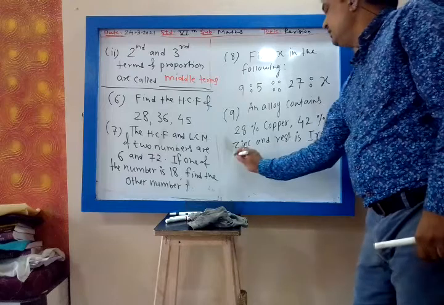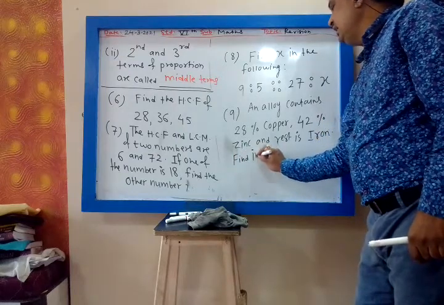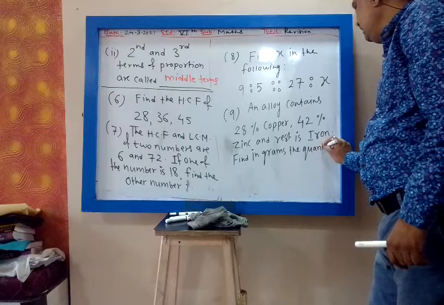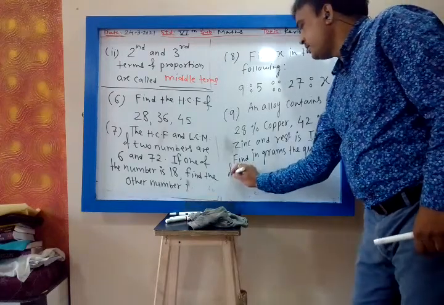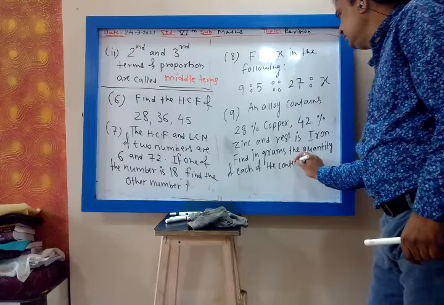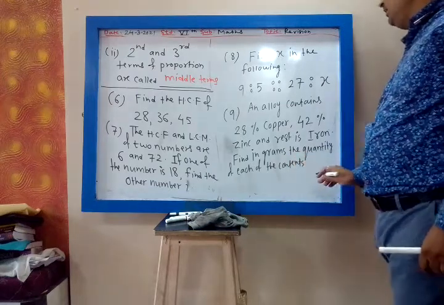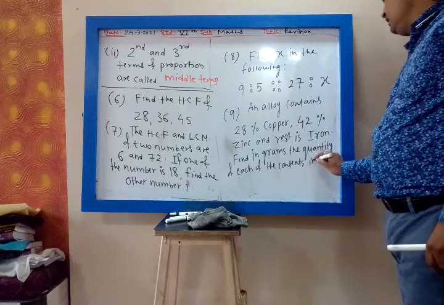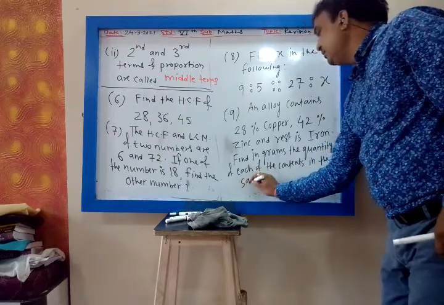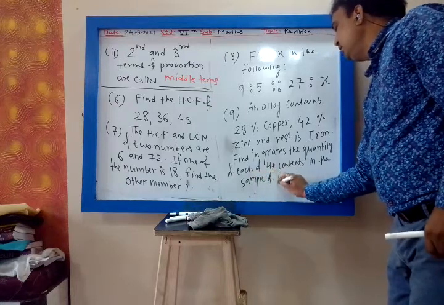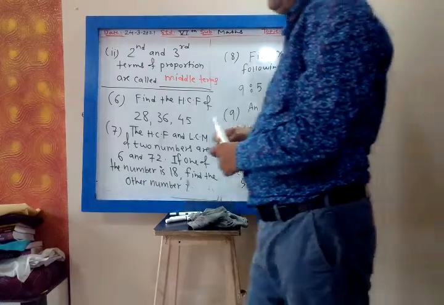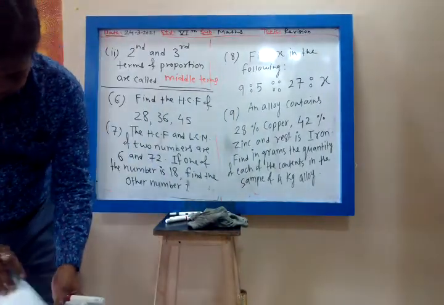Find in grams the quantity of each of the contents in the sample of 4 kg alloy. Start solving.